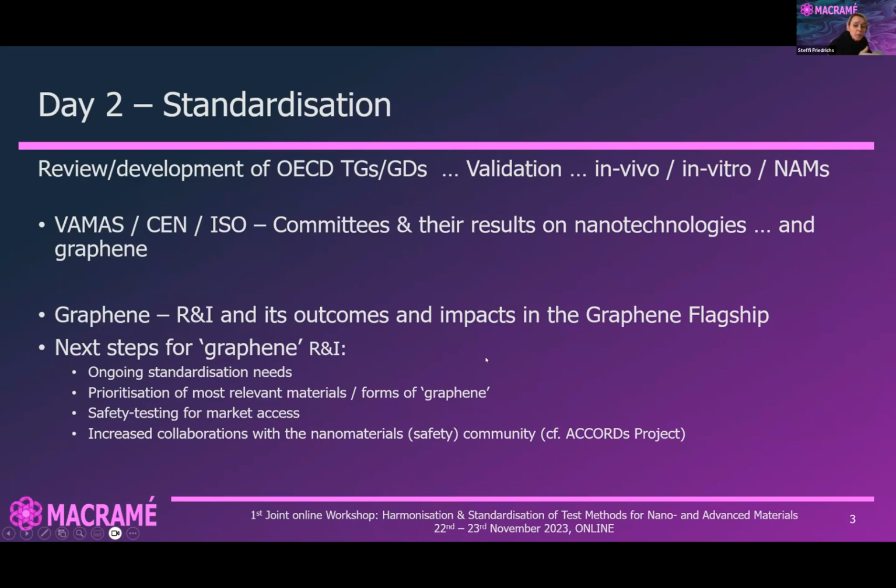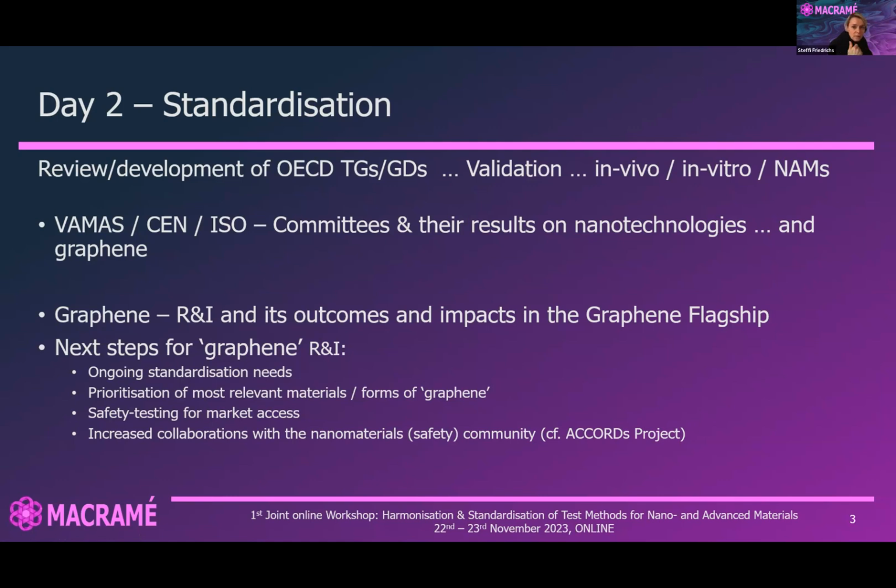And a lot of what we spoke about in the last couple of hours was all about where are we going with graphene now? And it turns out that graphene finds itself, maybe for want of a slightly more nuanced description, at the level where nanomaterials were a while ago: we have great innovation, we have great products, but we need to make sure that we are allowed to bring them to the market now.